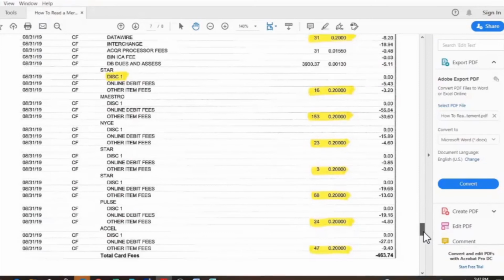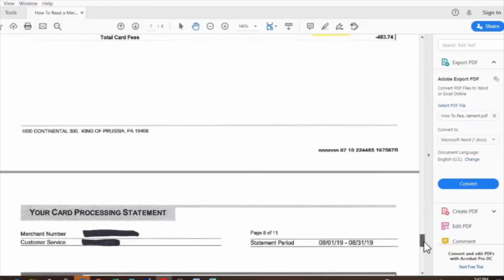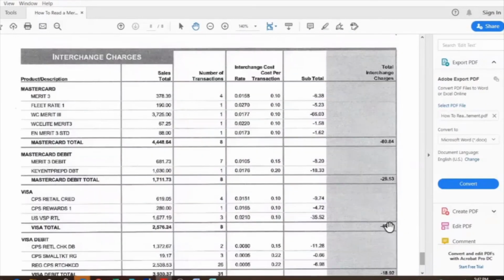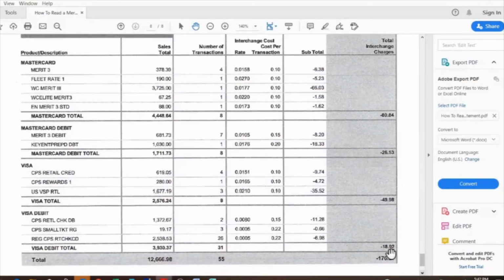And in the totals, you have the debit cards, interchange, and surcharges. And so this 176 down here just represents the credit card interchange.